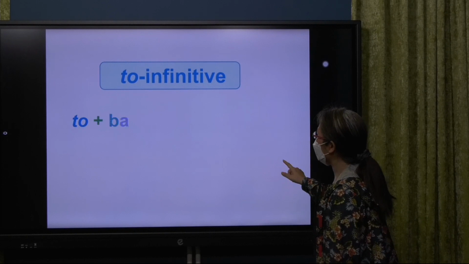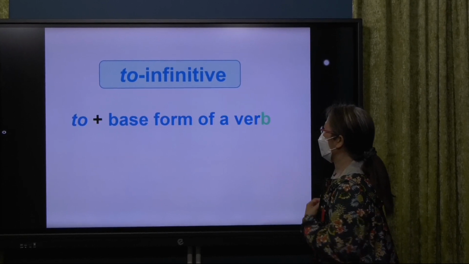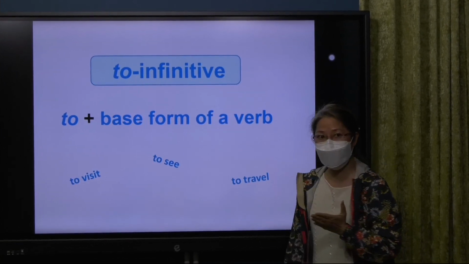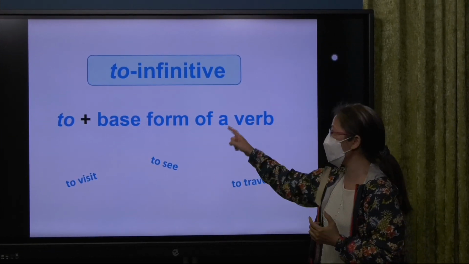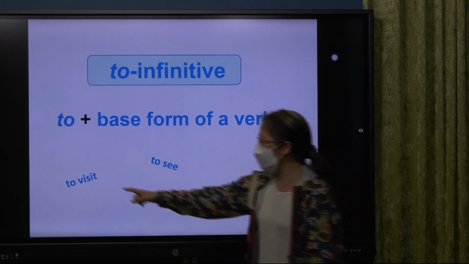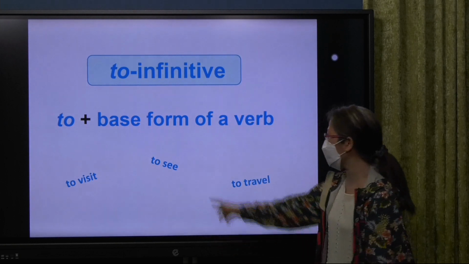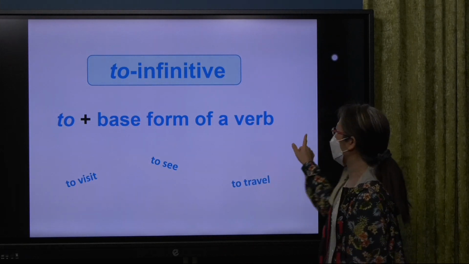Verbs and to infinitive. To infinitive is a phrase with to and the base form of a verb. Okay, to and then the base form of a verb, visit. For example, to see, to travel.